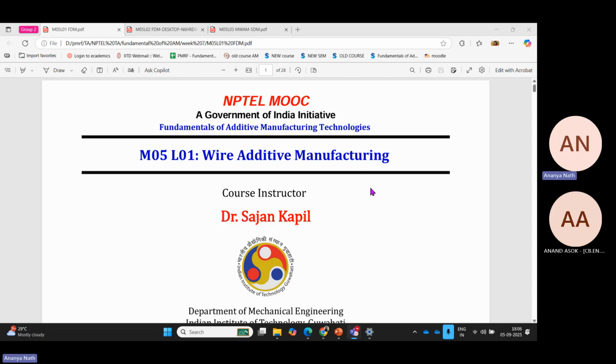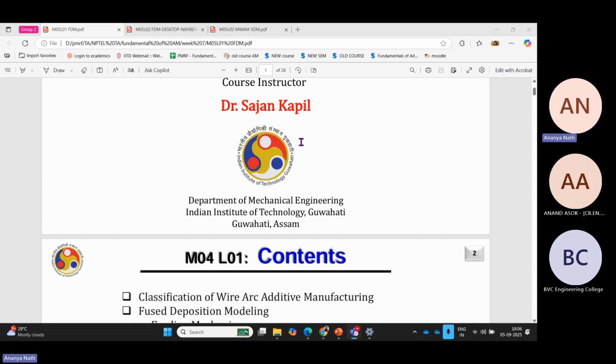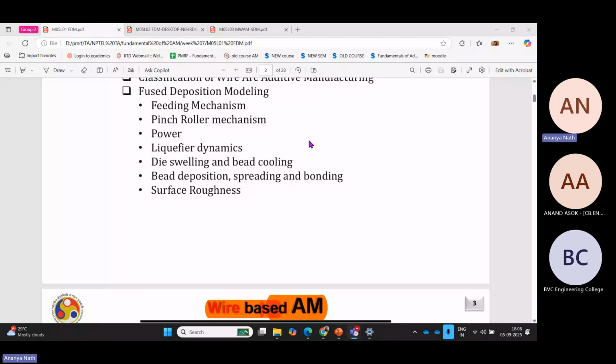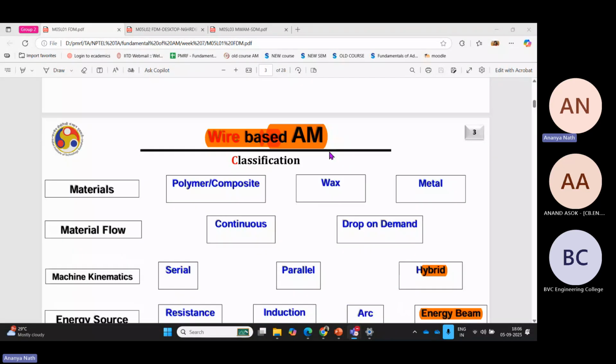So the state of the art is directed energy deposition, and the process name is wire arc additive manufacturing, capable of printing metals. Now we will start with FDM or fused deposition modeling. The state of the art is material extrusion. The process name is fused deposition modeling.